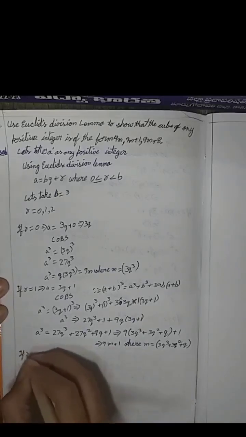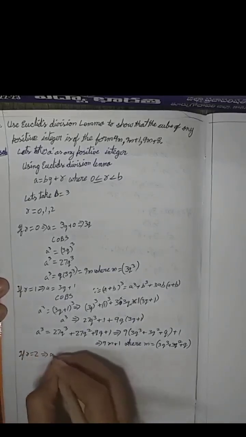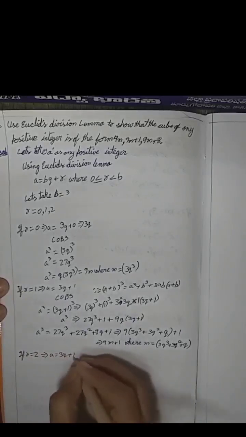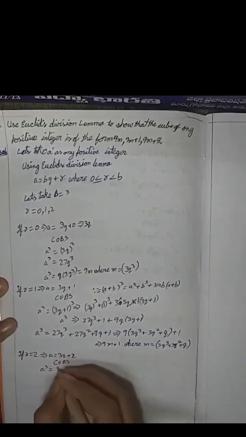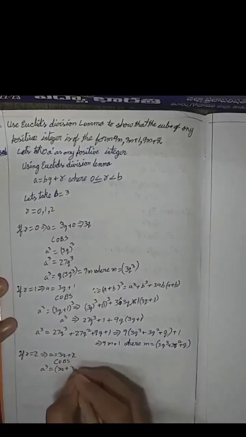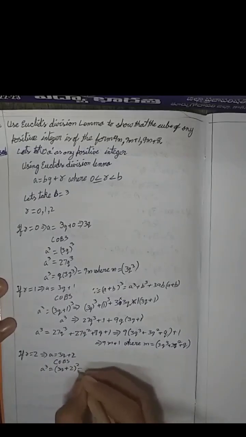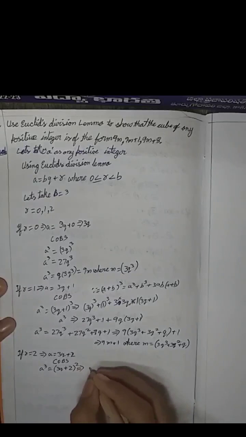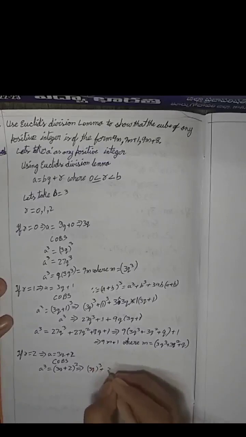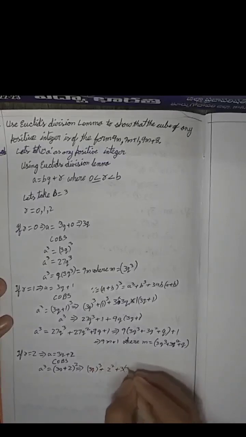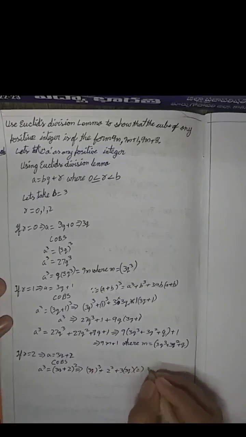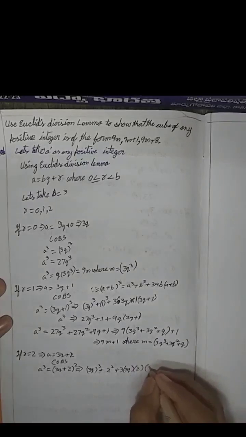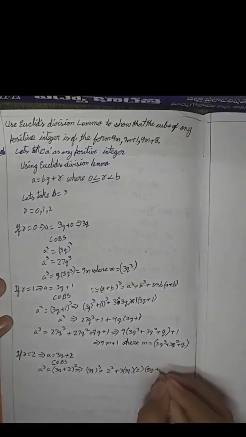Now if r is equal to 2, then a is equal to 3q plus 2. If you cube on both sides, a cube is equal to 3q plus 2 whole cube, which is equal to 3q whole cube plus 2 cube plus 3 into 3q into 2 into 3q plus 2.